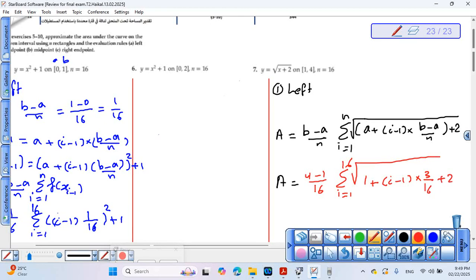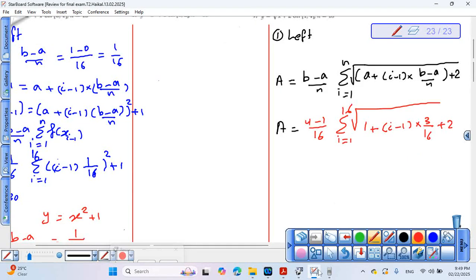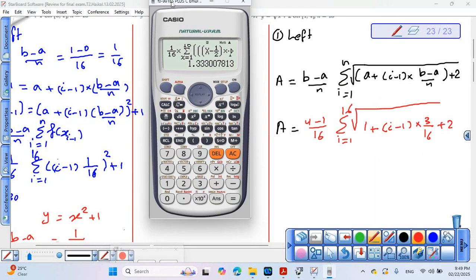We can find the area directly because this is a multiple choice question and you can use calculator, no need to write many steps.